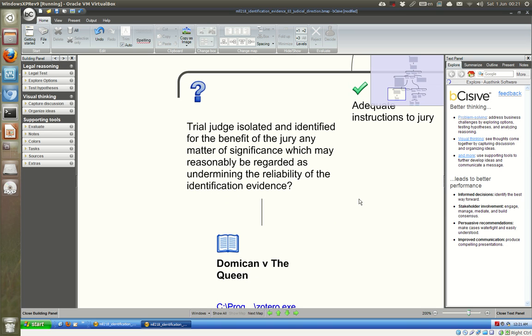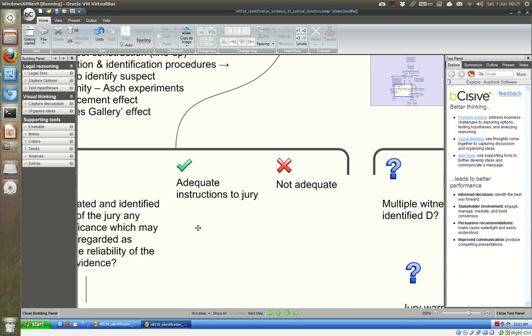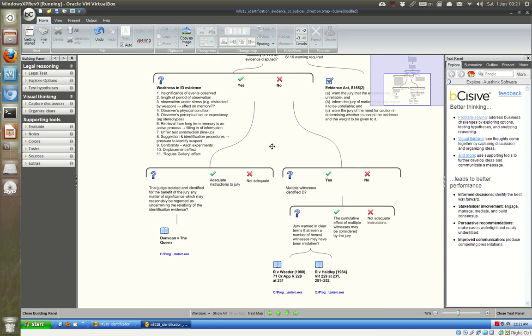And if it goes to appeal and it is held that the instructions given to the jury were not sufficient, if they were not adequate, then the case will be overturned, as in Domican against the Queen. So if it's adequate, well good. If it's not adequate, it can go on appeal.